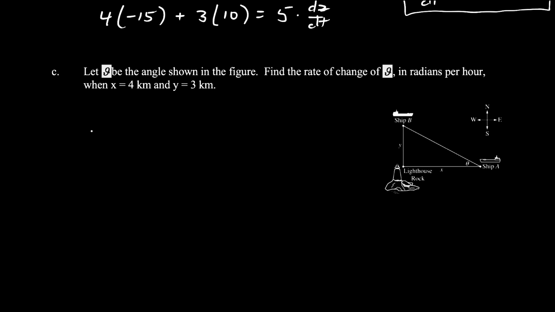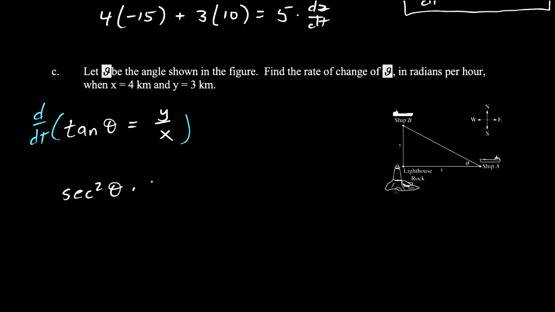That is okay. So we're going to start off with the tangent of theta equaling y over x. And again, they are all variables. So you know what we're going to do. We're going to d/dt this. And in doing that, the derivative of tangent we should know is secant squared of theta. But again, we have to multiply by d theta/dt. So as I like to say, the letters don't match, so we have that kick at the end, equals.